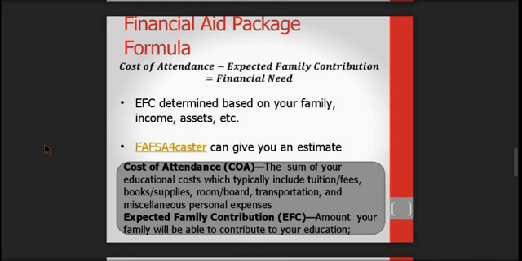The difference between that is your financial need, how much you're going to need in grants, loans, etc. Your EFC is determined based off of how much your family makes, your assets, your family size. Do you have any other family members in college? That does affect your EFC.